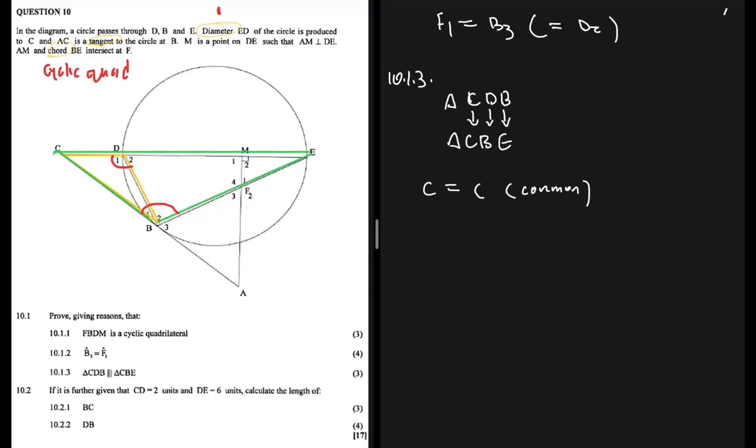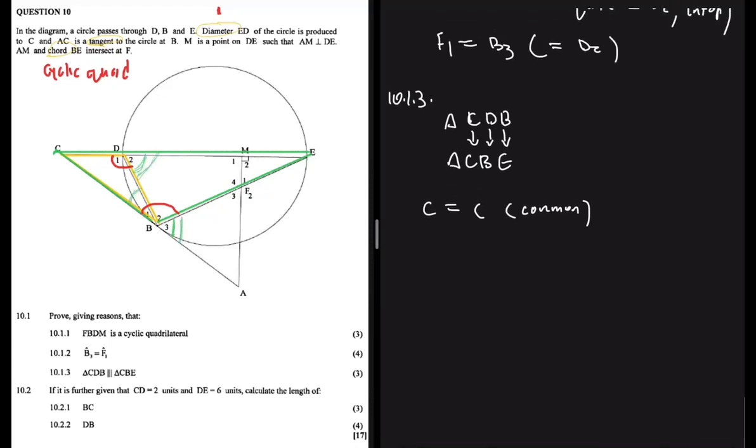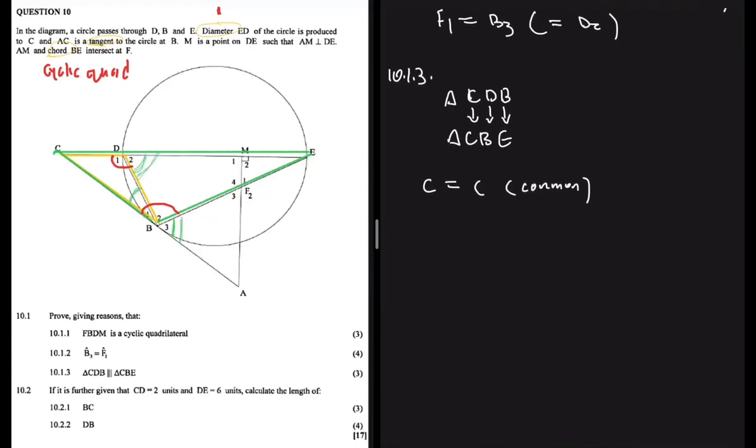So we're going to move ahead and look at the tangent. Because AC is a tangent, we've already said that B3 will be equal to D2, right? But another thing that is true is that B1 in our smaller triangle will be equal to E in our big triangle, right? So from here we can say that B1 is equal to angle E because of the tan-chord theorem.